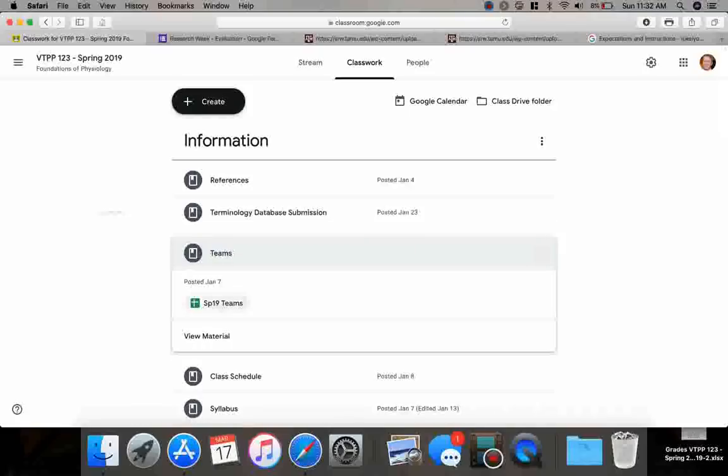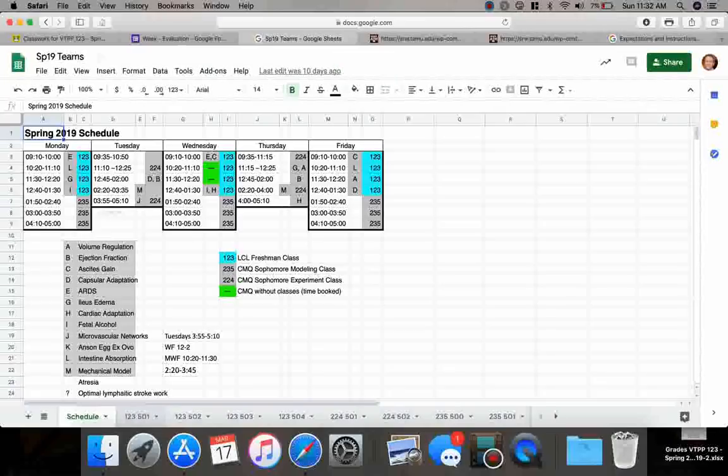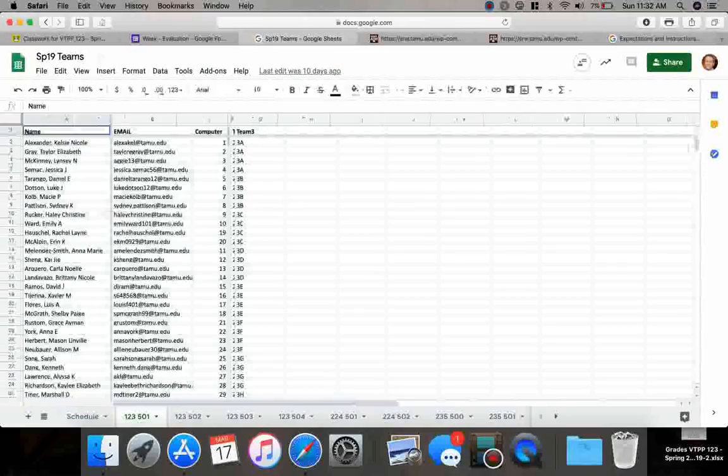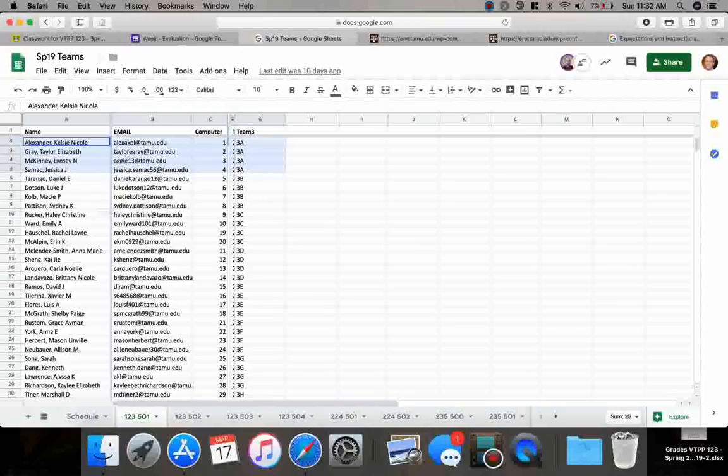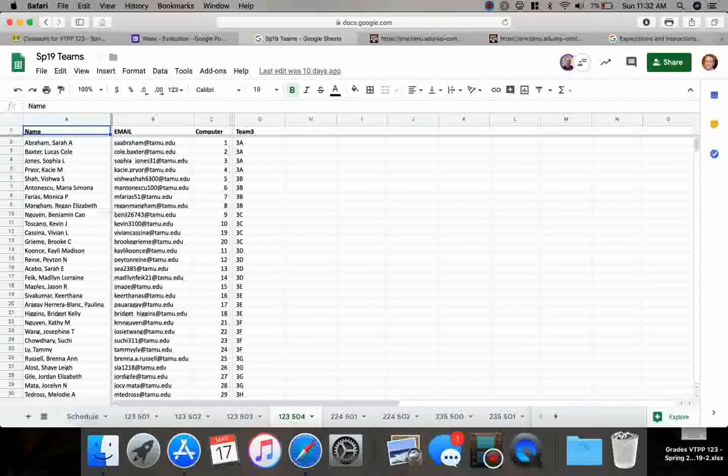Go up here to Teams, Spring 19 Teams, find your section along the bottom, and you have what team you are. Team 3A, so for 501, you can see are these 4 individuals, and there's their emails, so they can all email each other. This works the same for every one of our courses, okay? You can even see the team members for other classes.